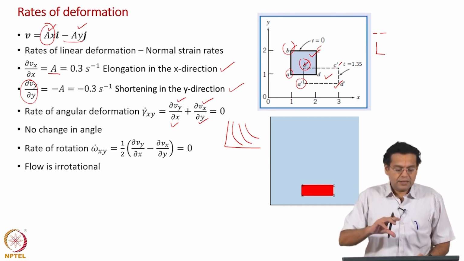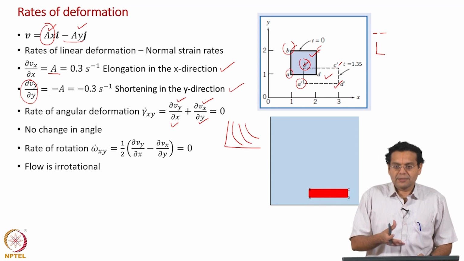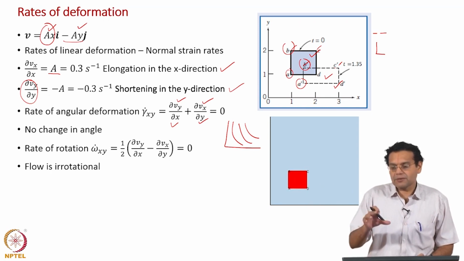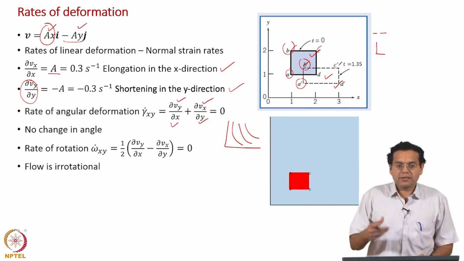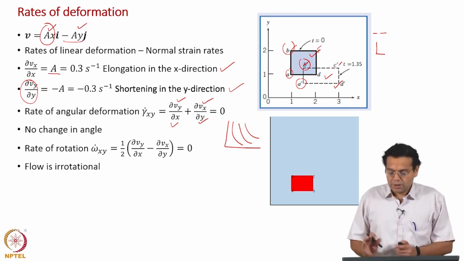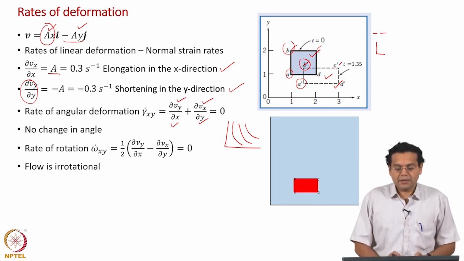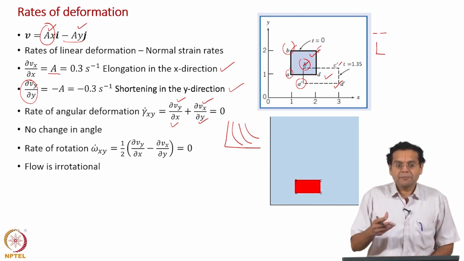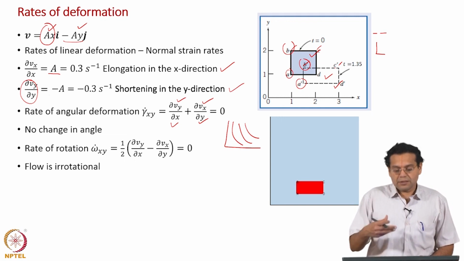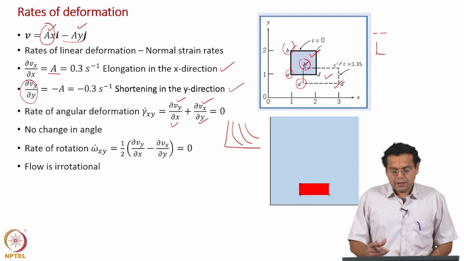When you have angular deformation and rotation, it becomes a little difficult to analyze what you see and what we analyze. Remember, in the earlier example, what we see is a summation of all the effects. Here, because there is no angular deformation and rotation, whatever you see represents whatever we calculated in terms of normal strain rates. Earlier, it was representing the combined effect of both the deformation and the rotation.